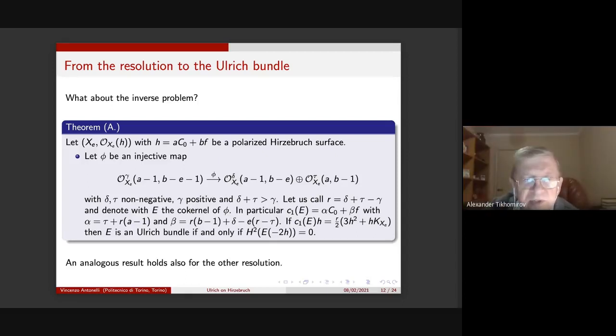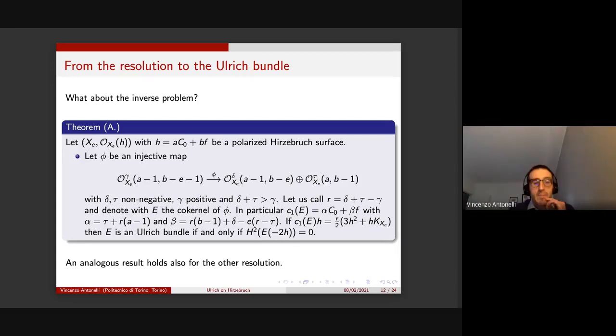I would like to ask, are there any cases when the moduli space of Ulrich bundles is an open subset of the ambient component of moduli of bundles on this given surface X?